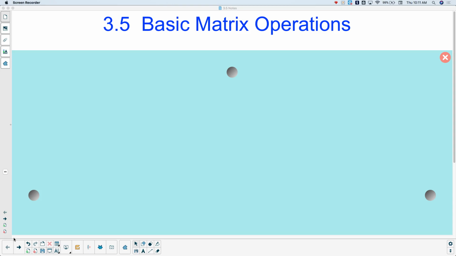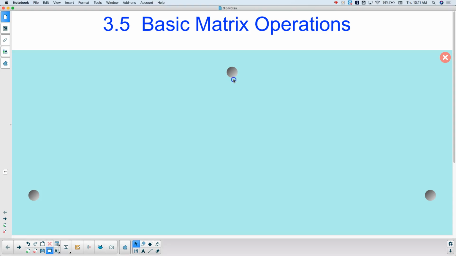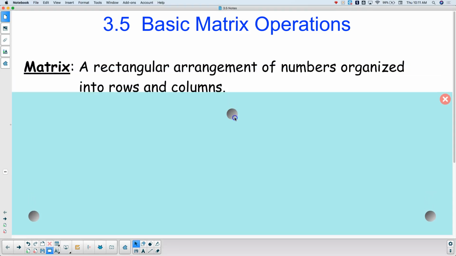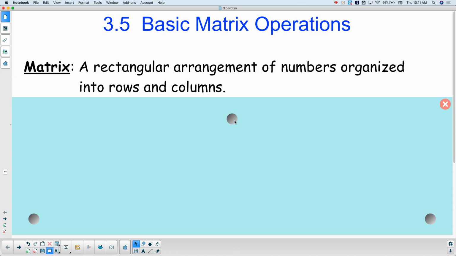So, let's do it. First off, we have to talk about what is truly a matrix. Matrix is the singular, matrices is the plural. A matrix is a rectangular arrangement of numbers organized into something called rows and columns.